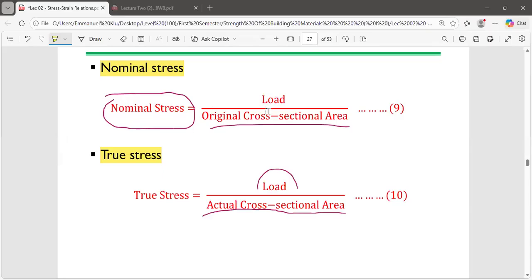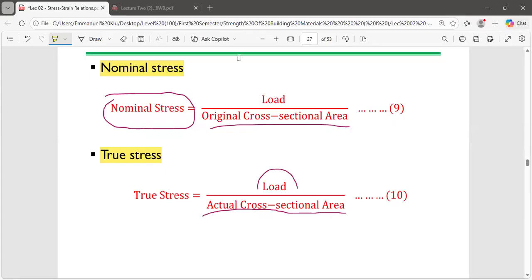The nominal stress is just the load over the original cross-sectional area, whilst the true stress is load over actual cross-sectional area. So just don't mix these two. Especially when you are solving mathematically, you should be able to know the right formula to use at the right time.